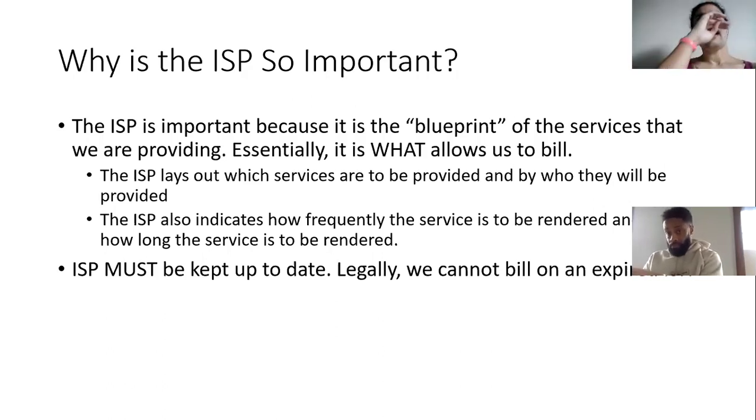For example, if a client suddenly loses a significant support due to coronavirus, like their mom dies or something, and that was their major support system, you're probably going to want to update the treatment plan to address that.